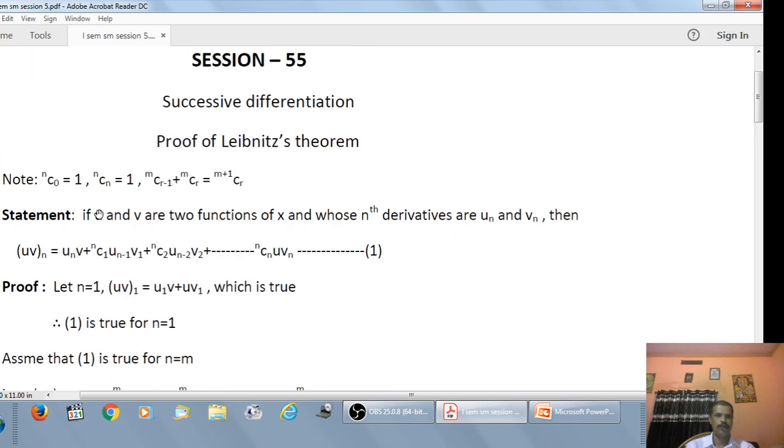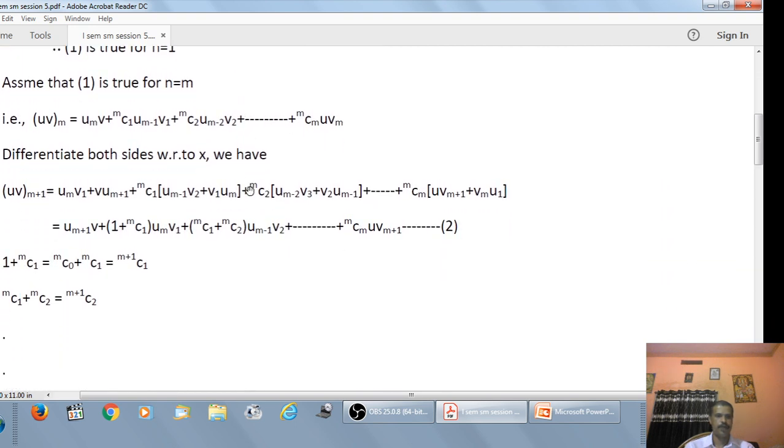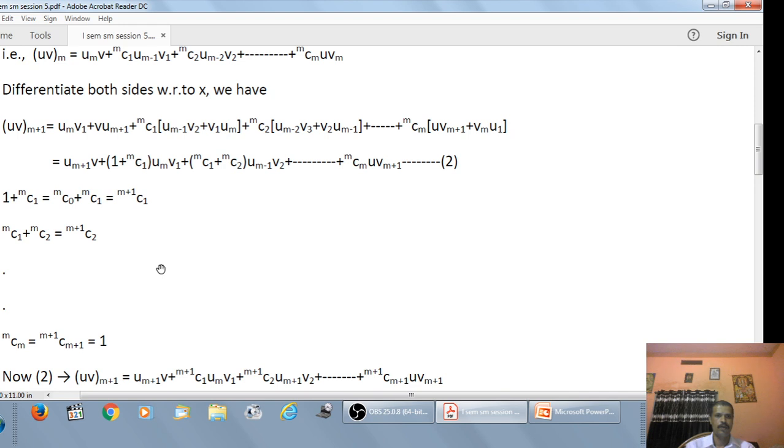I already told you this format. Therefore, the addition of these combinations is superscript m plus 1, subscript the highest term. Now I can put 1 plus mC1 as this one.